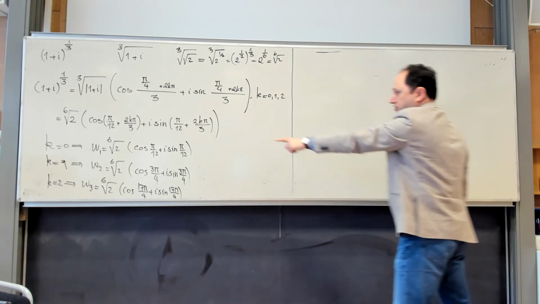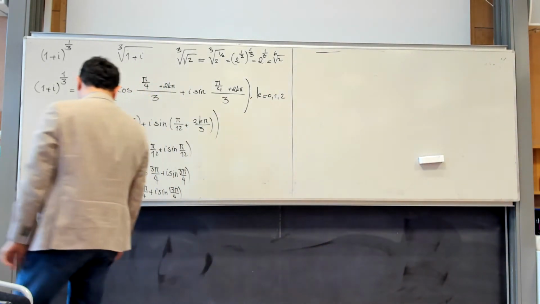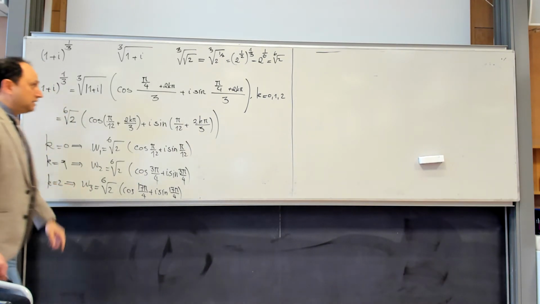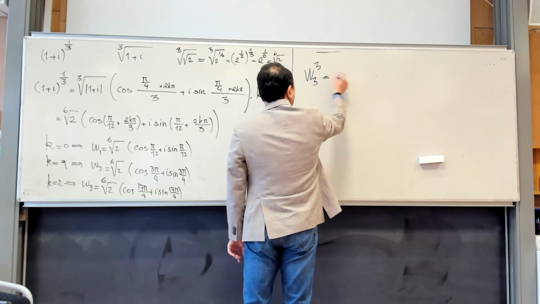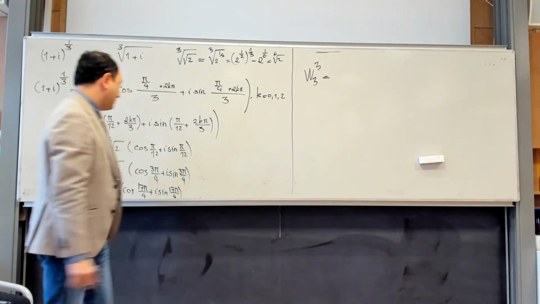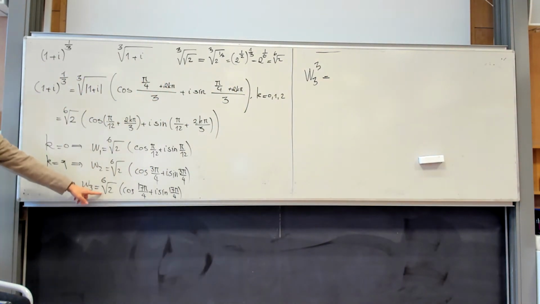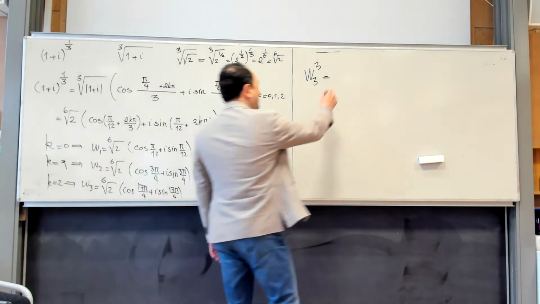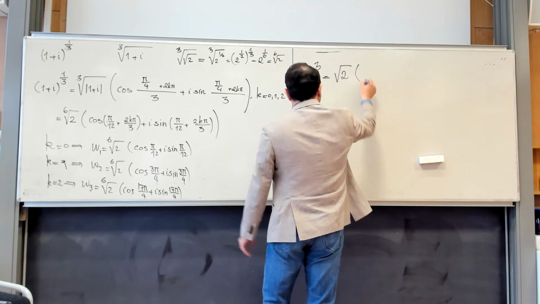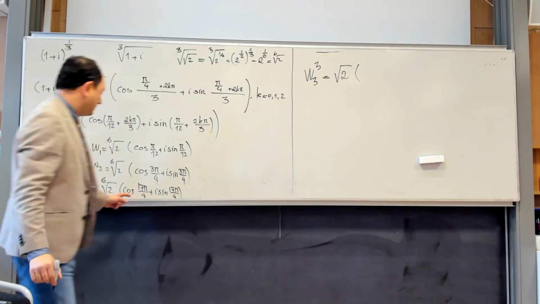Okay, so let us check the last one, if I have done everything right. Let me raise it to power 3 to see what happens. Can you tell me, what should I write? If I want to raise it to power 3, what would be the answer to the first bit? Square root of 2, yes? And then what happens for this part according to De Moivre's formula?